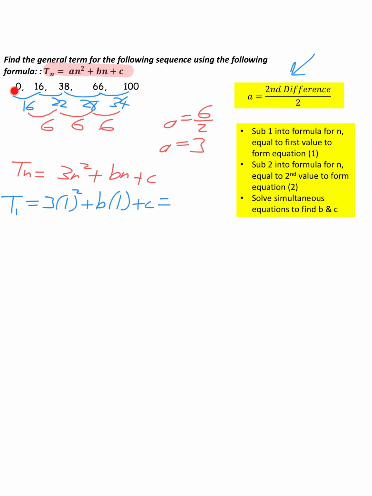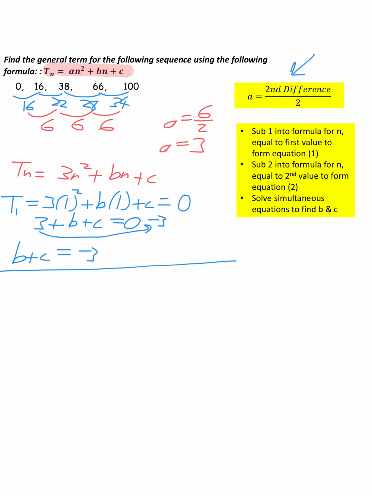So the first term in this sequence is 0. Okay, so 1 squared is 1 times 3, that'll be 3, plus b plus c equals 0. Bring 3 to the other side now, that'll be minus 3. So b plus c equals minus 3. Okay, so that's one equation.